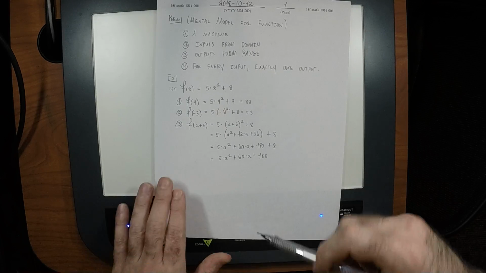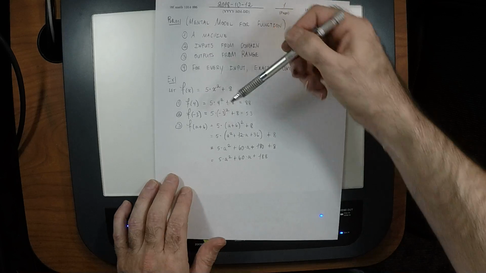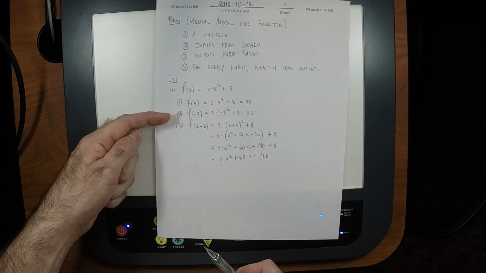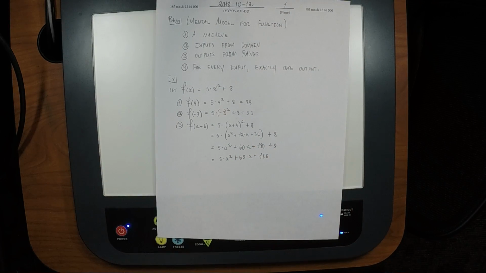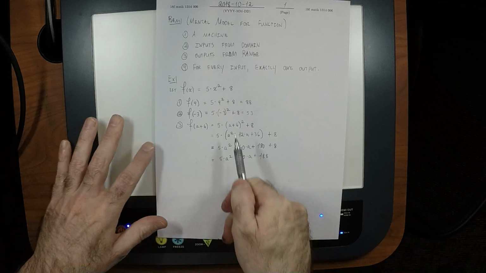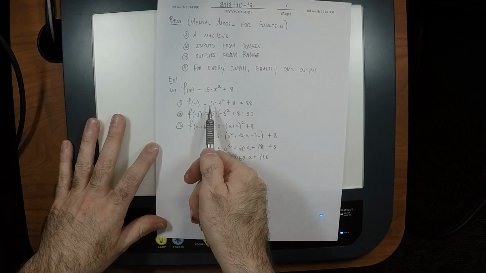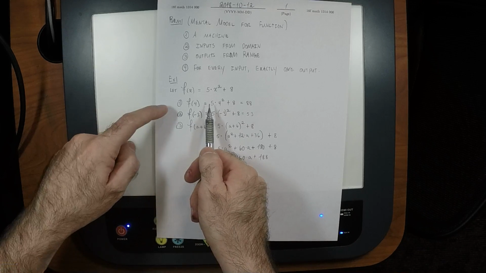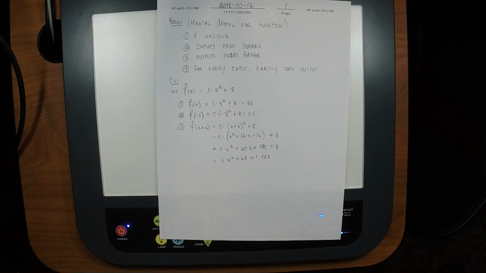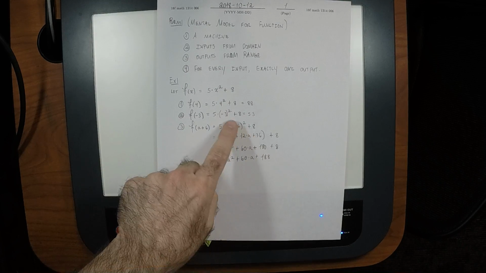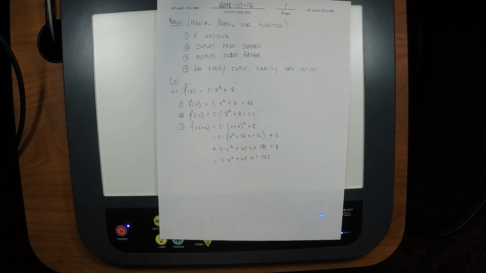One thing I want to point out is that notice for request number 2 and request number 3 you needed to put parentheses around what was substituted in the formula. But you didn't have to do it for request number 1. Now here's the deal. Generally, when you're substituting something into a formula, you can always put parentheses around it.